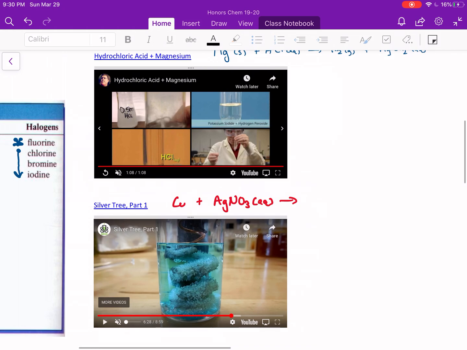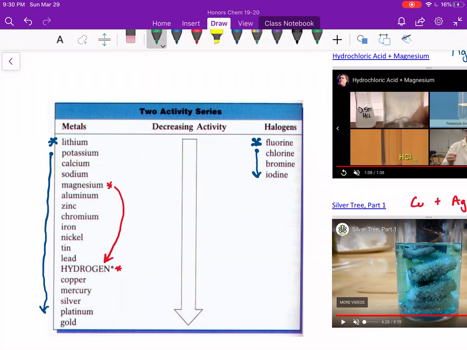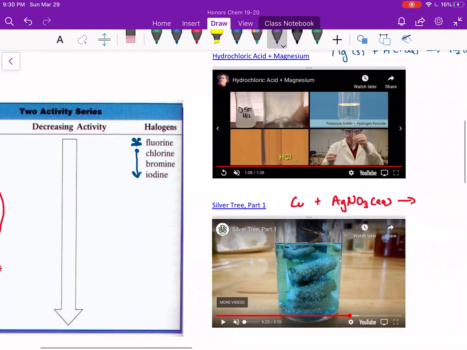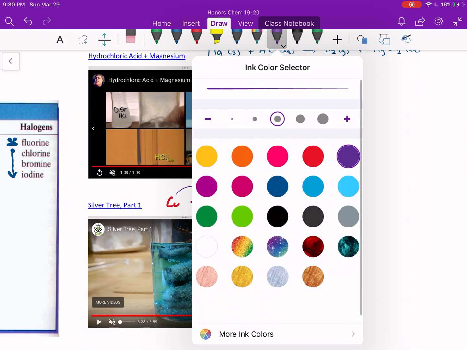Hopefully I can get this to go back down, right? And so now if we look over here, our copper, lo and behold, is here. Silver is here. So copper is above silver on the activity series, and so copper is able to displace that silver, and so we get Ag as a solid.